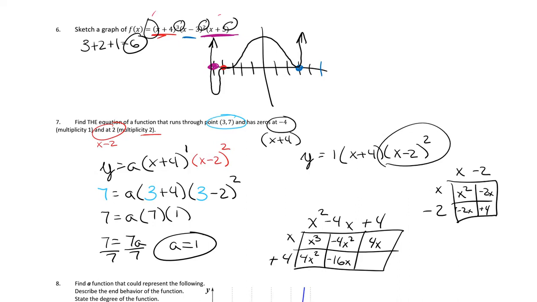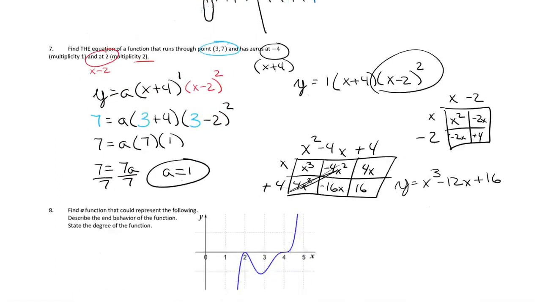And then 16. Alrighty. So then there's no a value to multiply it by, but if there was, I would multiply it by whatever I just got. So my final answer is y equals x cubed. These cancel out. Minus 12x plus 16. That is what it is in standard form.